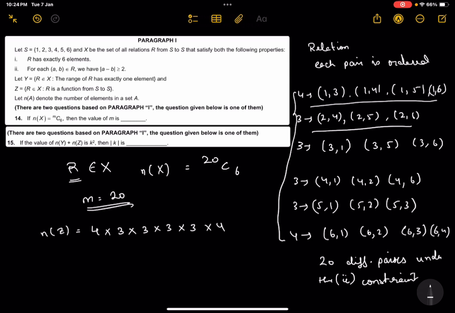And y is the range of R has exactly one element. So the second element in each should be common.